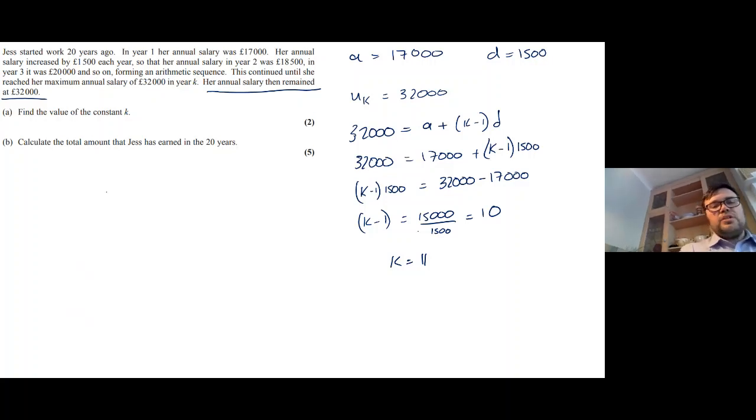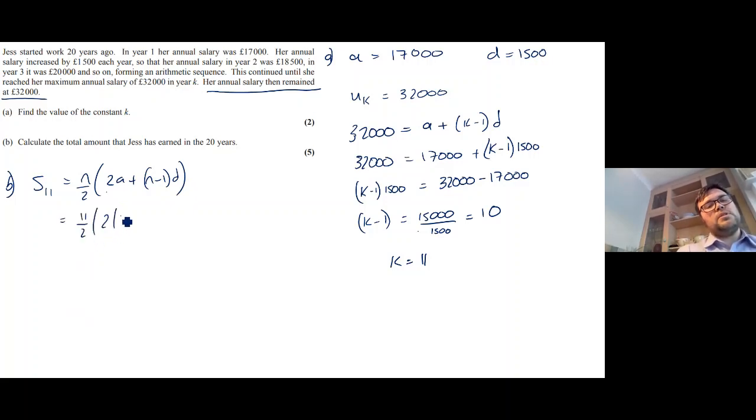Well, for the first 11 years, because it is an arithmetic progression, we can use S11 equals n over 2 times 2a plus n minus 1 d. So that's going to be 11 over 2 times 17,000 plus 11 minus 1.